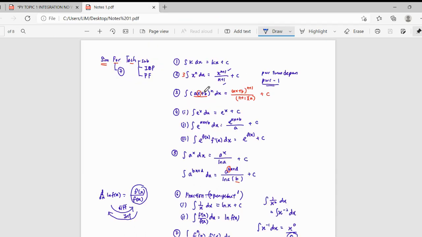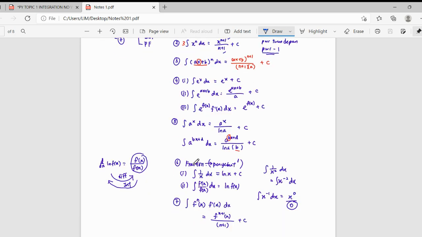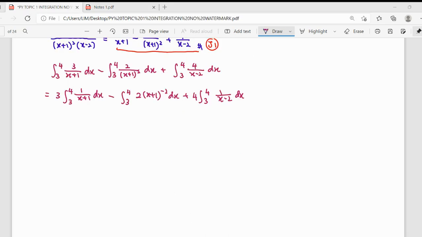Okay, so this is our formula number 3. So you can notice that fraction we integrate using the concept of fraction when we have the denominator power of 1. Okay, so we look at our fraction here.